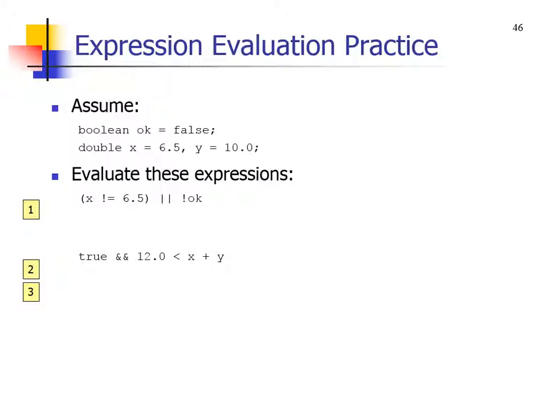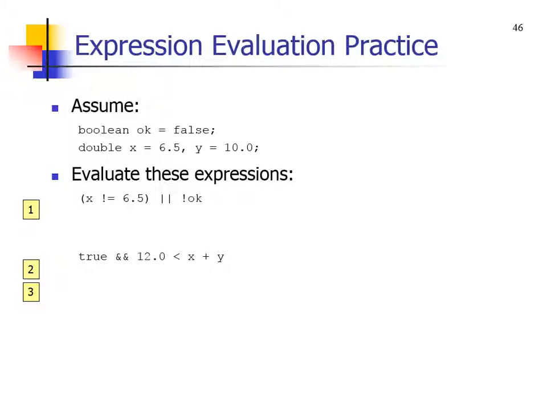Is X not equal to 6.5? Look at it. Is X not equal to 6.5? It's true. Well, it says above that X does equal 6.5. So that would make that a false statement, or not okay, which would be true, right? So you have false or true, so that would be a true statement.